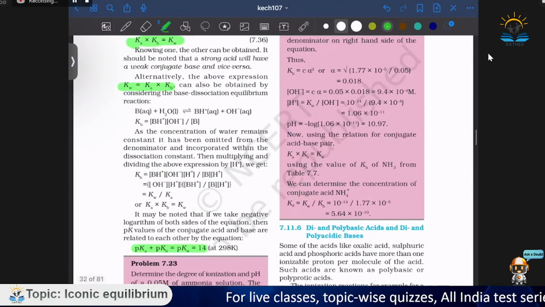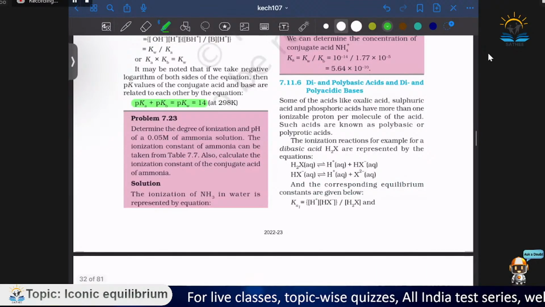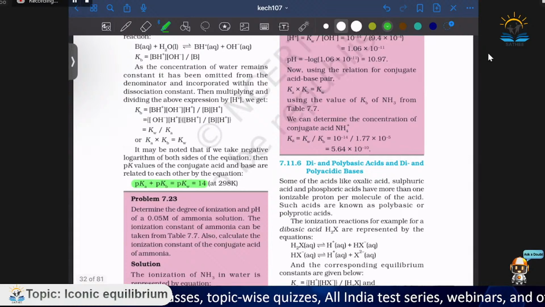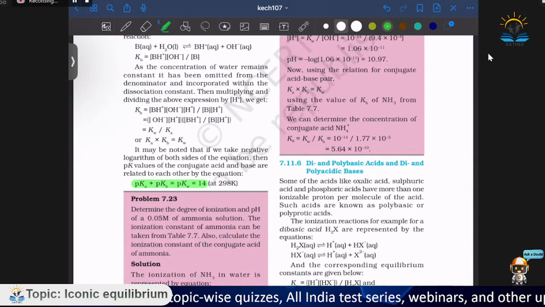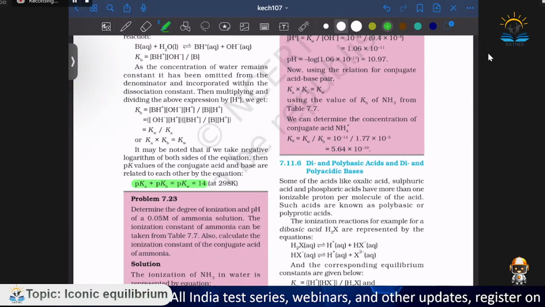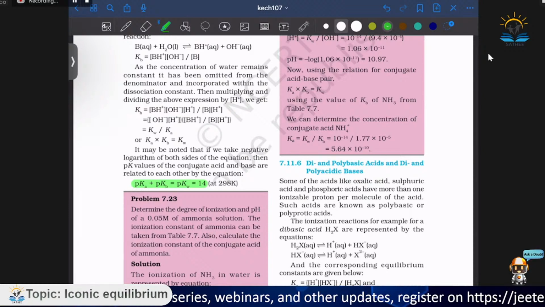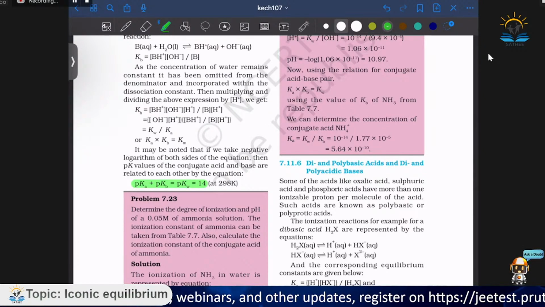So these two formulae you can remember. This is defined for the same chemical species. If you are calculating pKa for HCl, then pKb is defined for the conjugate base of HCl, which is the chloride ion. It is not defined for any other base or any other conjugate base.